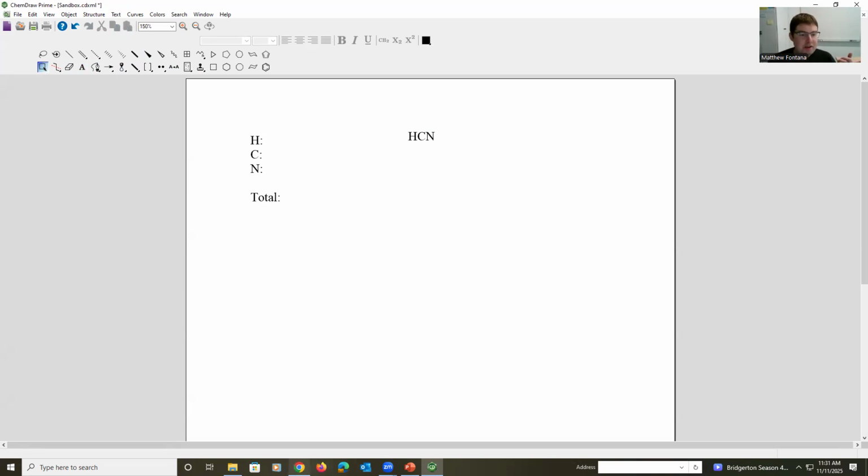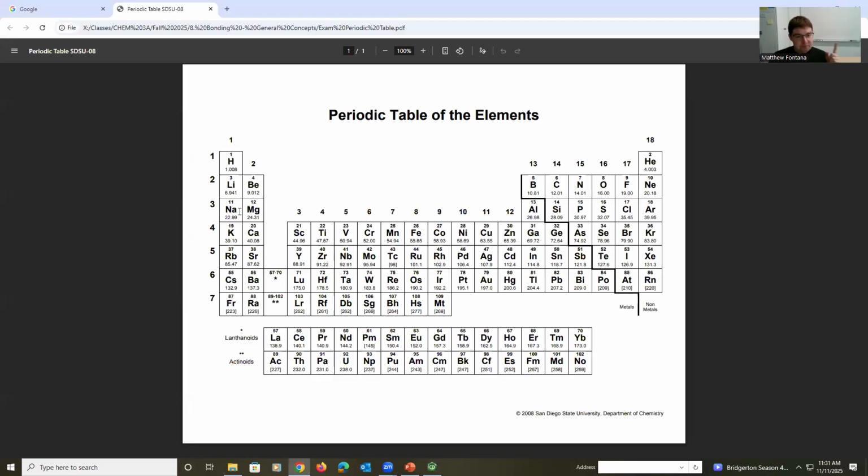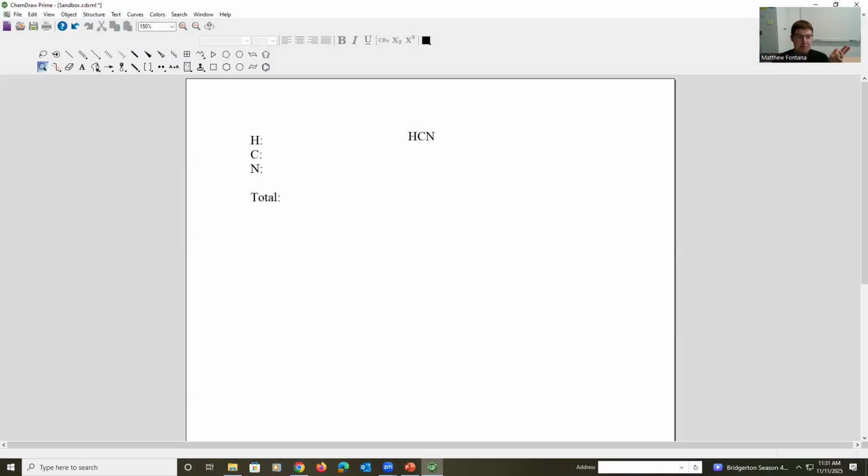So just take a moment to look at the periodic table. We notice that hydrogen is in column number one, carbon is in column number four, and nitrogen is in column number five. So when we do our math on this, we have one hydrogen atom, which brings one valence electron to the party. We have one carbon atom, which brings four electrons.